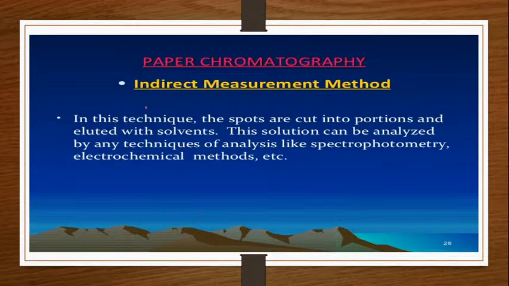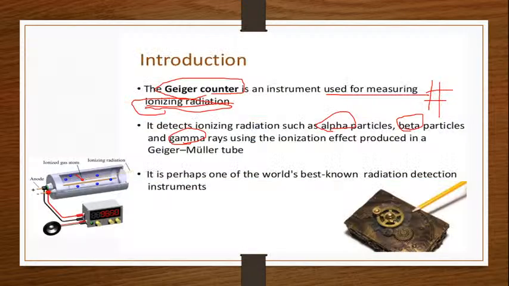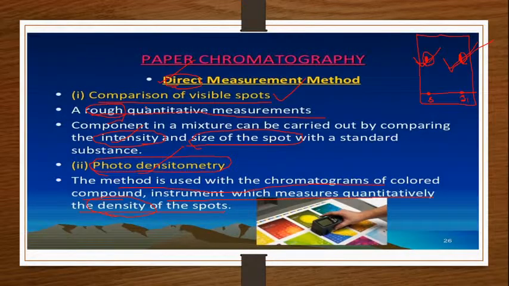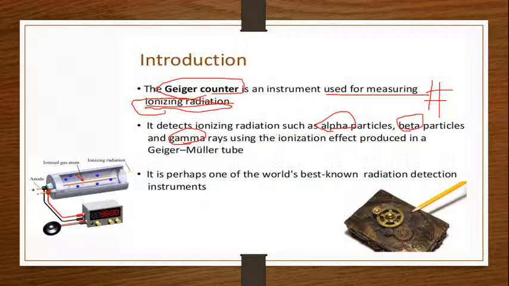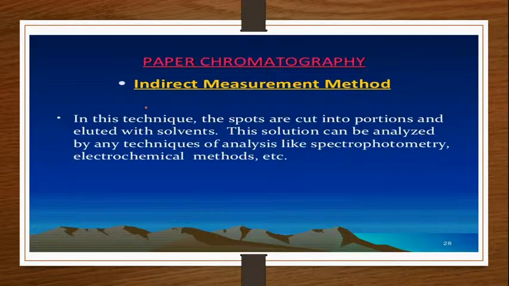Next is the indirect method. These are the direct methods. Direct methods involve comparing your visible spots, photodensitometry, and the Geiger-Muller method. Indirect methods can be easily classified. In this technique, the spots are cut into portions and eluted with solvents. One way to do the indirect method is you just cut down the spot.